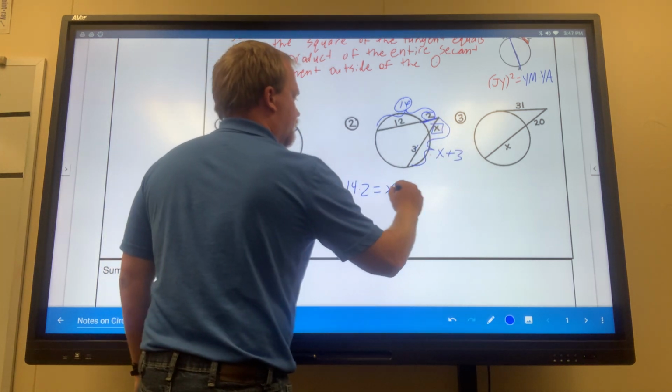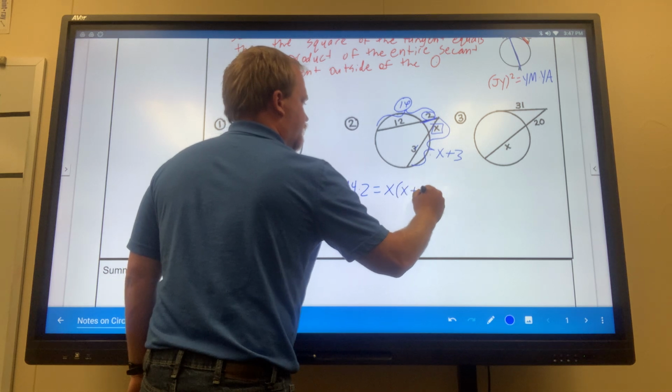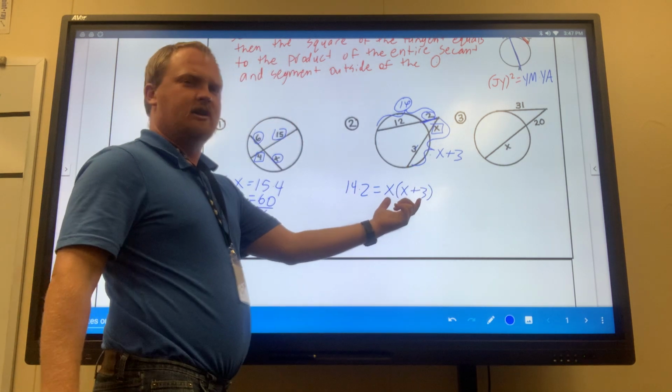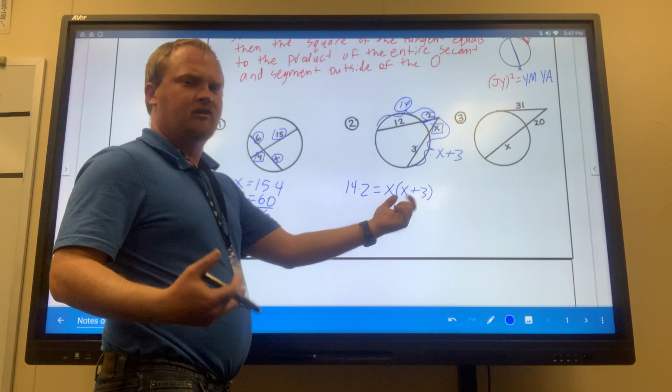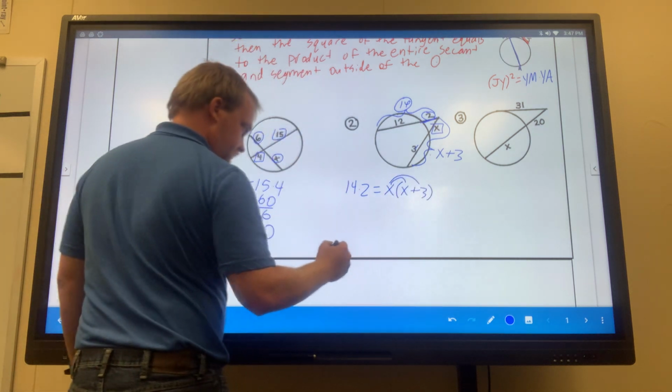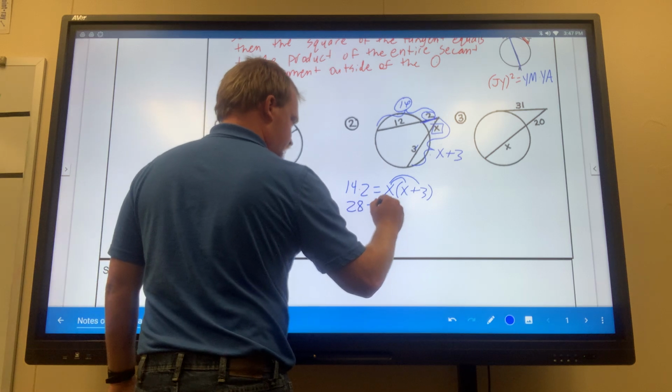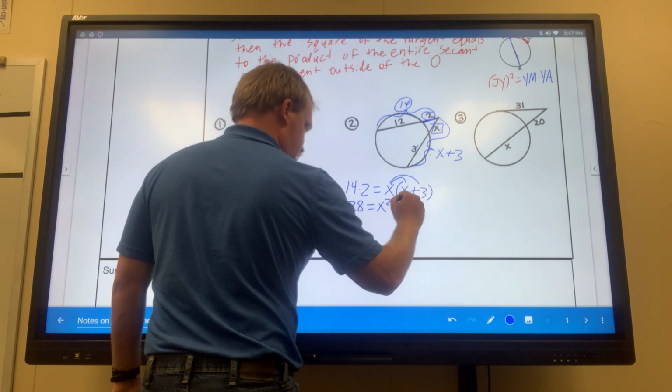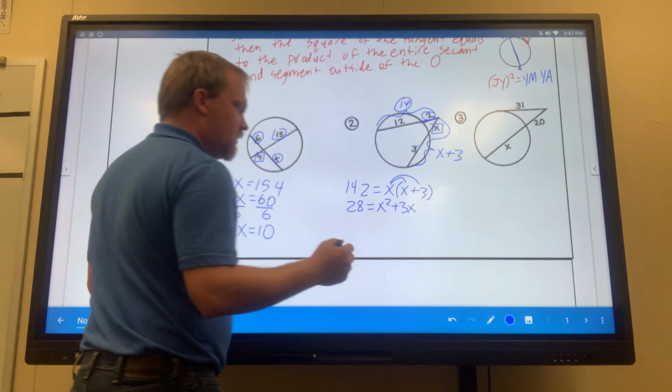So I'm doing x times x plus 3, and I'm putting it right here because it's easy to look at. All I've got to do is distribute the x. 28 equals x squared plus 3x.